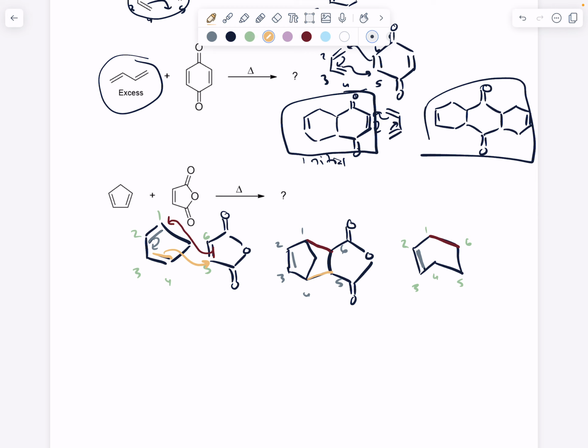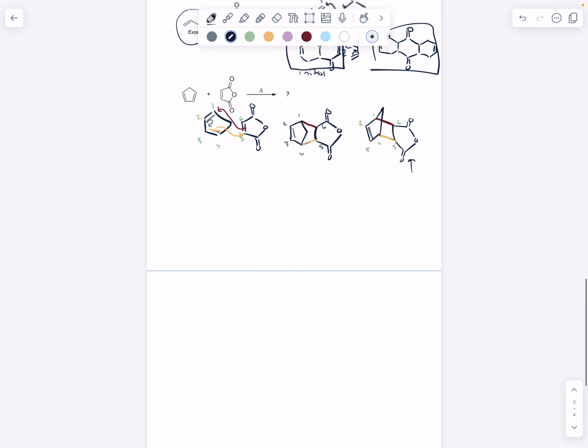And then between 4 and 5 came from this orange bond initially. And then there was already between 1 and 4, you had this peak right here. And then you'd get the 5-membered ring formed on the outside right there.